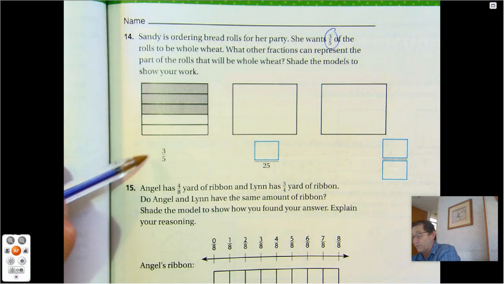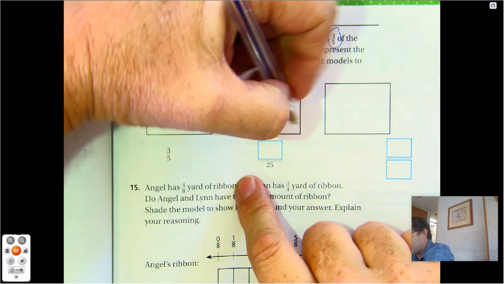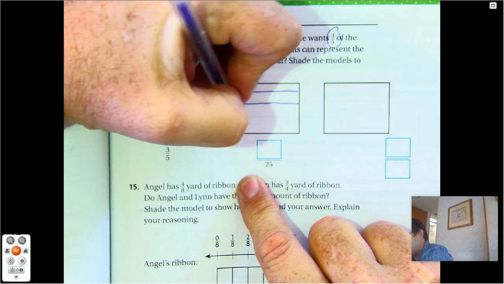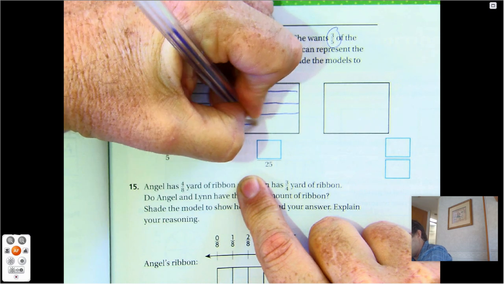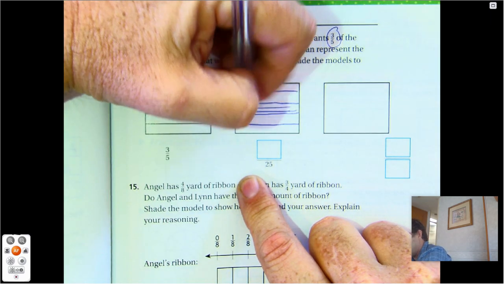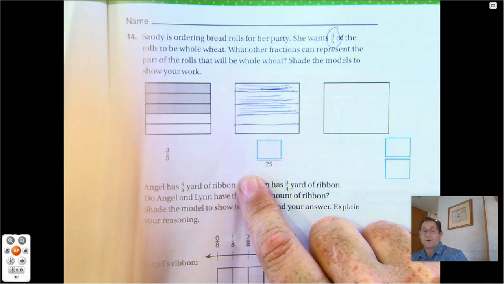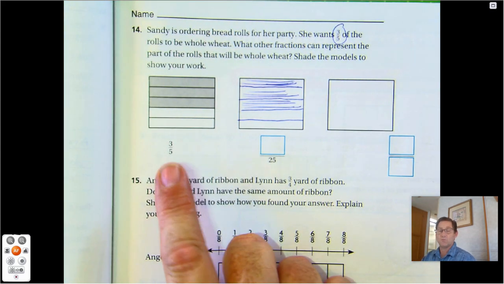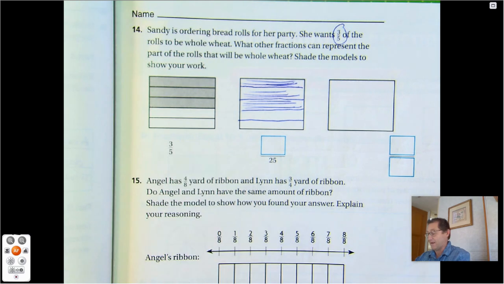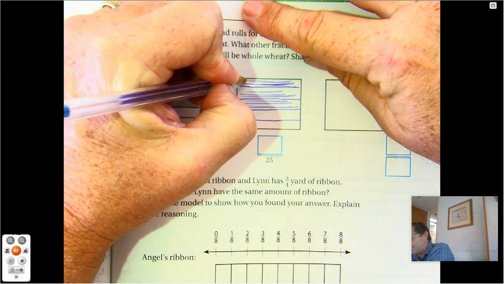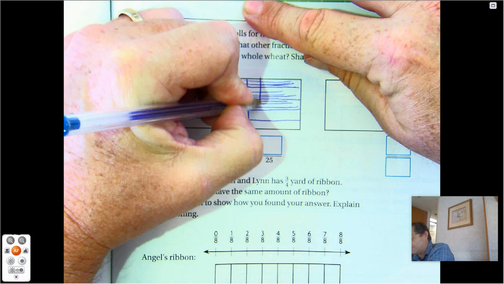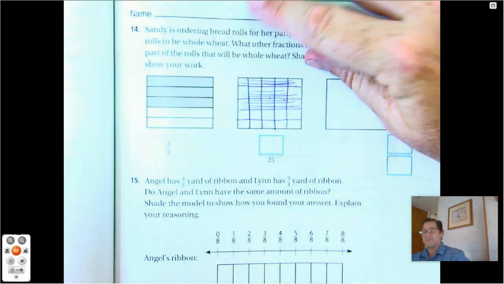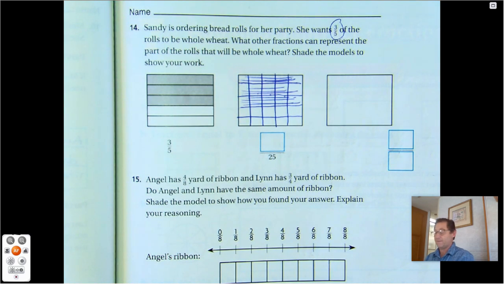Okay, and then it's saying take those 3/5 and turn it into 25 pieces. 5 times what is 25? 5. So we can make 5 vertical sections. 5 vertical sections, that gives us 25. And 3, 6, 9, 12, 15.